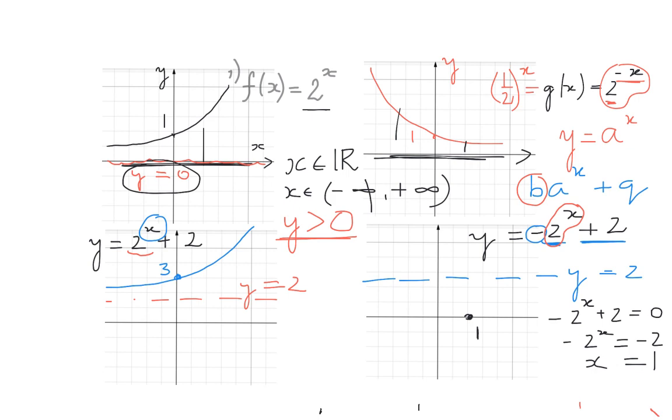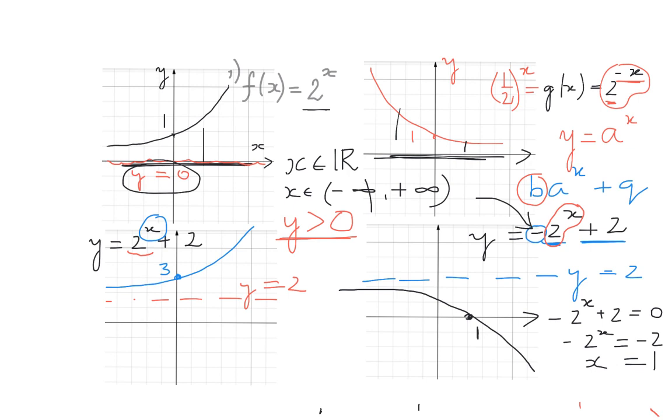I hope you remember from our last year's discussion that this minus in front of your exponential function actually indicates a reflection in the x-axis where y becomes a negative y. So I'm looking at a function that is in fact a decreasing function with an x-cut of 1, and I will need to find its y-cut.